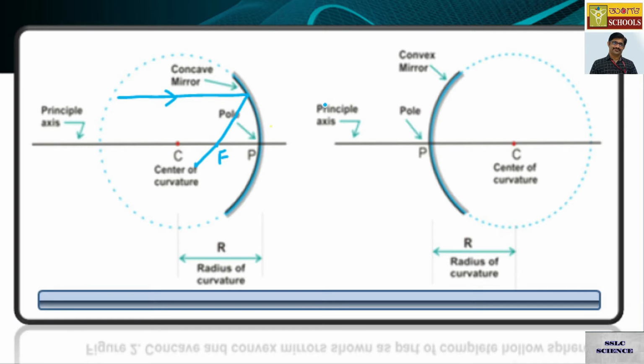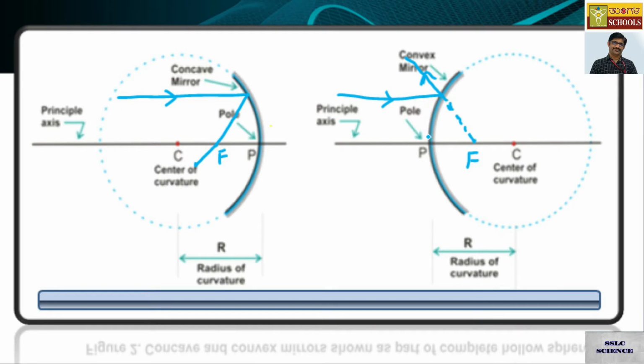In a convex mirror, again it is the line which is parallel to the principal axis. After reflection it appears to come from a point on the principal axis, that is nothing but the principal focus. I hope you got this point clear.